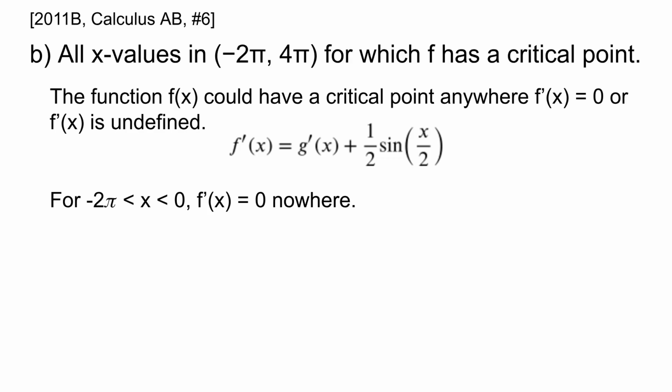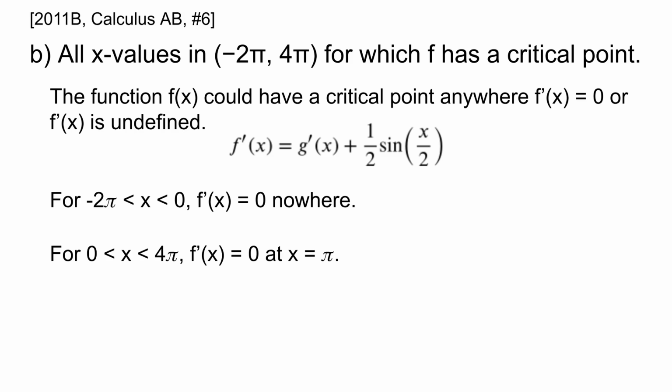Now, because g of x is a piecewise linear function, we do have to consider separate intervals of g of x. On the interval from negative 2 pi to 0, the function f prime of x is going to equal 0 nowhere. So no critical point on that interval.